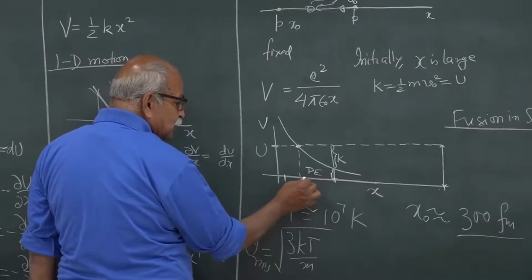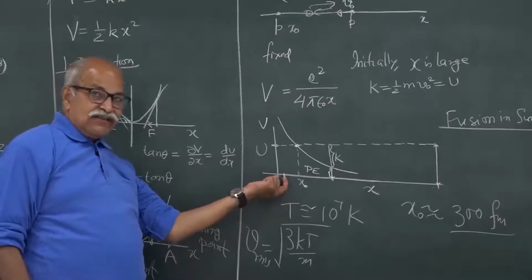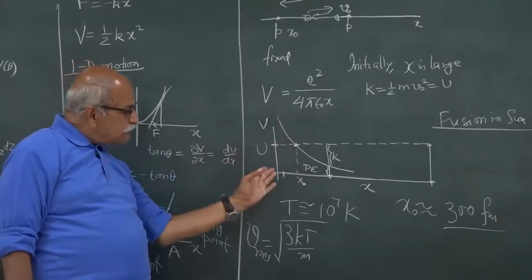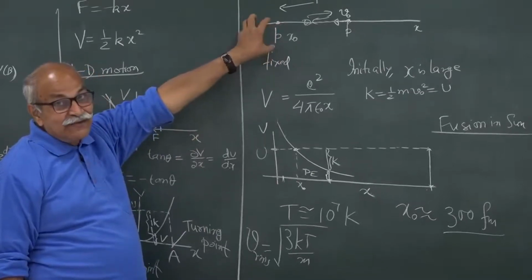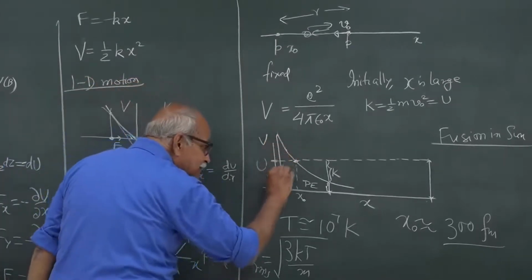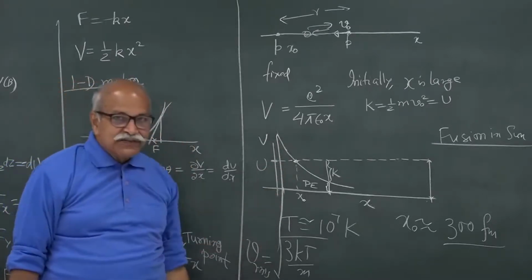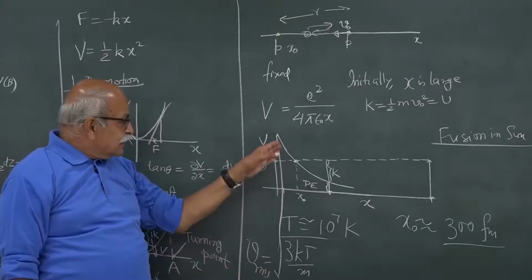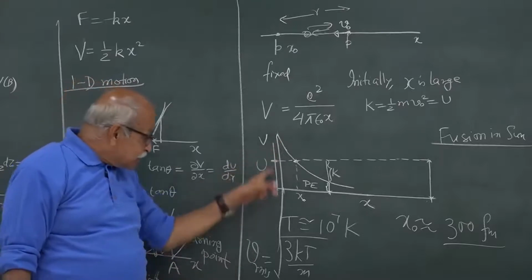If the separation is in the femtometer range, then on top of this Coulomb potential energy you also have potential energy corresponding to the nuclear attraction, and that is very strong in the femtometer region. So this curve actually goes like this. This is the nuclear attraction range where the potential energy has sharply gone down. The Coulomb potential energy is increasing, but the nuclear one is sharply going down, and it overtakes this Coulomb energy, and the final potential energy is of this type.